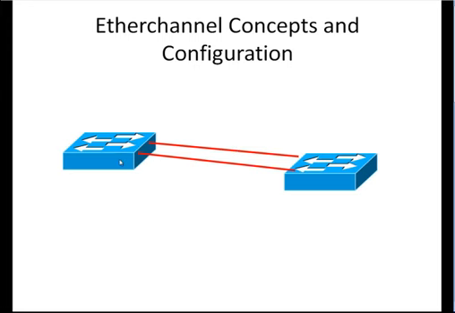Like if a PC on this side wants to download something or send a file up here, the PC is going to use only the 100 megabit link. But the benefit I'm going to have is, if I have a second PC sending another file or downloading a file, that PC may, through the algorithm of Etherchannel, use the other link. So that's the benefit of Etherchannel.